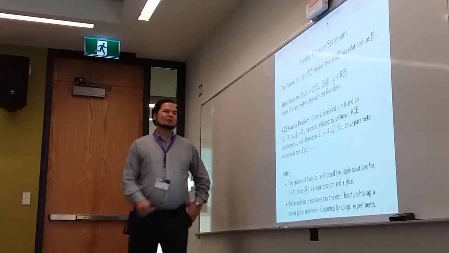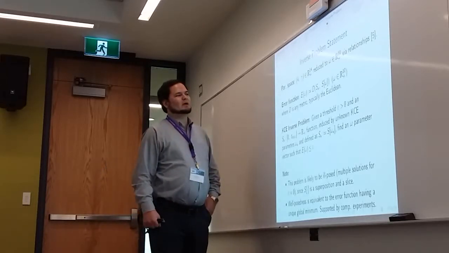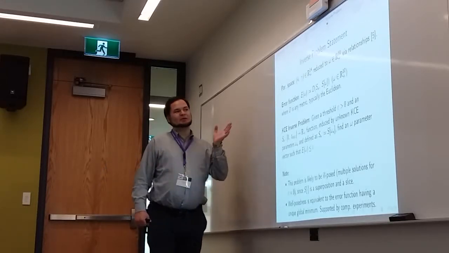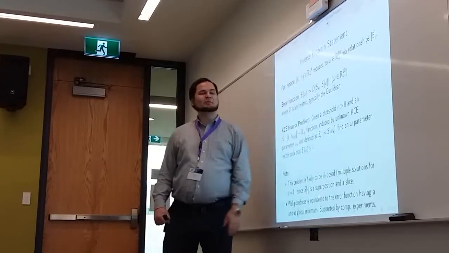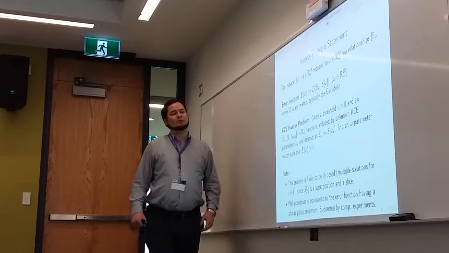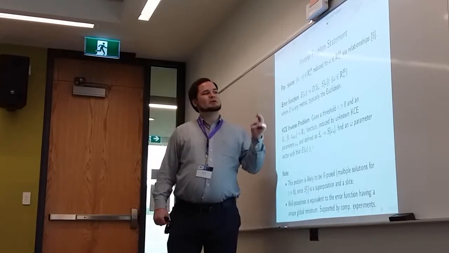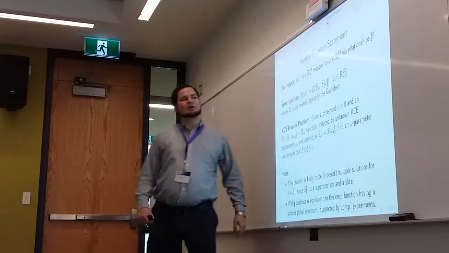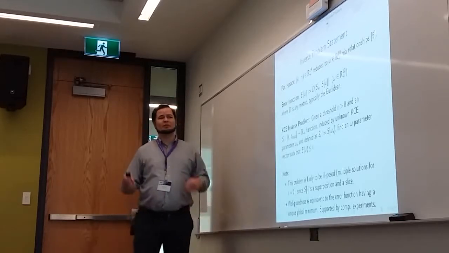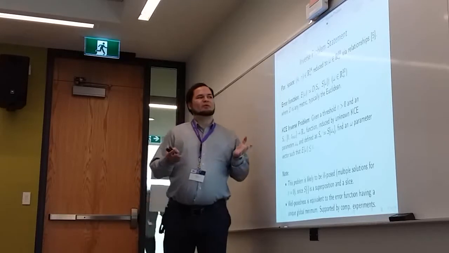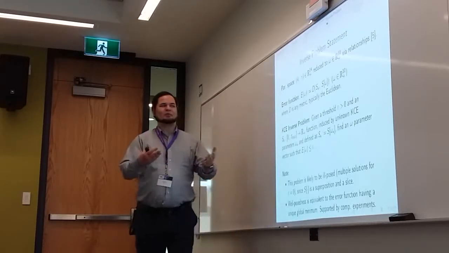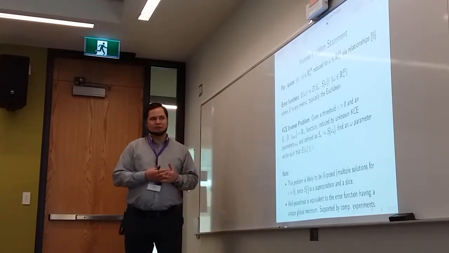All right. So the inverse problem statement: the parameter space, as I mentioned, is 2 plus 12 parameters, so 14 dimensions, but this can be reduced to 10 dimensions because of certain relationships that come from chemistry between the parameters.